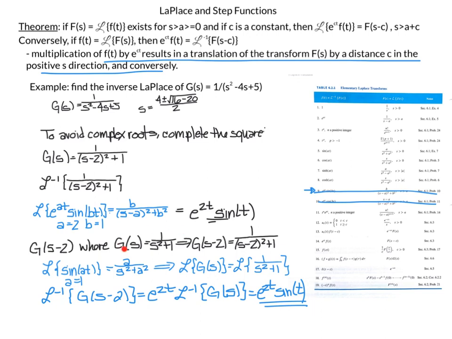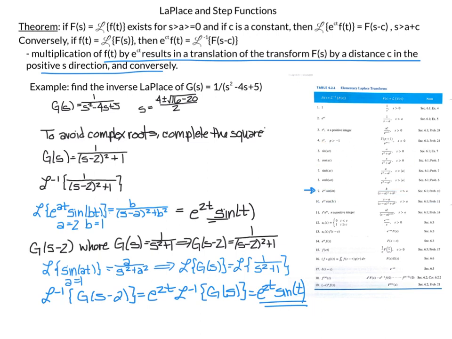Now, because we used this modified G of s, our original G of s is related by doing a translation. And if we translate the transform, that's the same thing as multiplying our original function by e to the ct. So here's our original function, and then e to the ct. This theorem and this reasoning is exactly how we can derive the formulas that I crossed out from our sine and cosine functions.